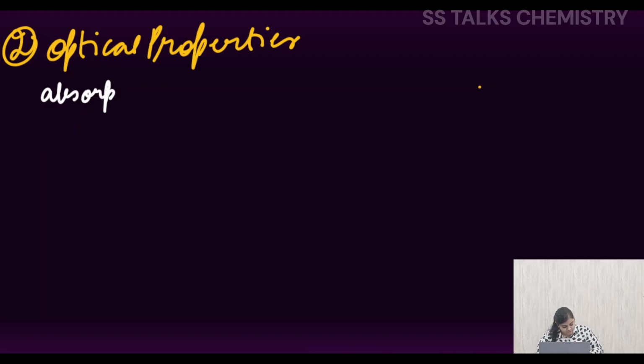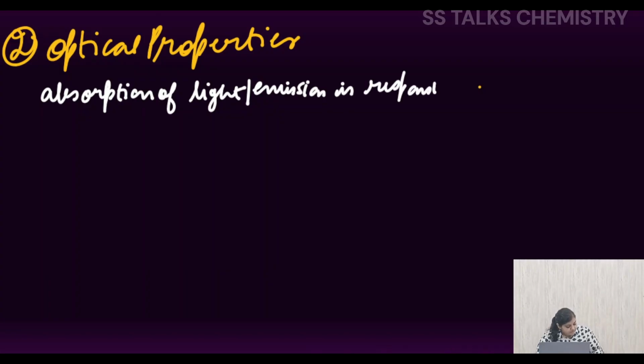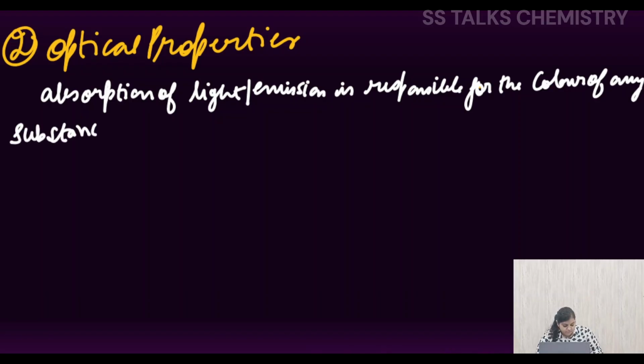So the absorption of the light and the emission is responsible for the color of any substance you are seeing, because for anything that is colored, the light is absorbed, it goes from the lower energy level to the higher energy level, and when it comes back to the ground state, it is going to emit light of the particular radiation that is visible to you.